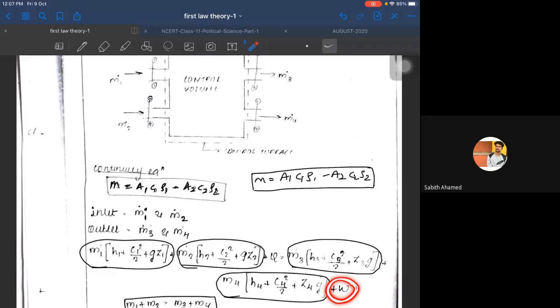So work done will always come on the RHS, and the heat flow will always come on the LHS.